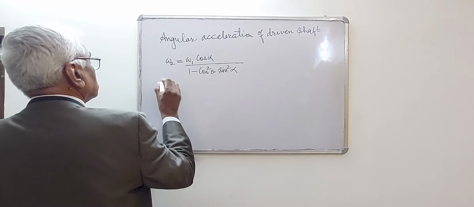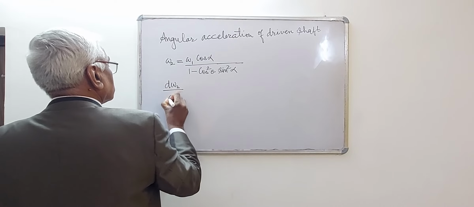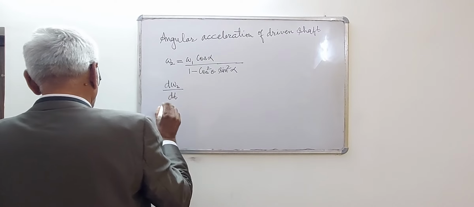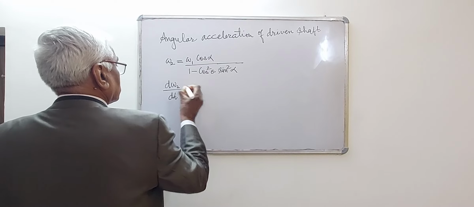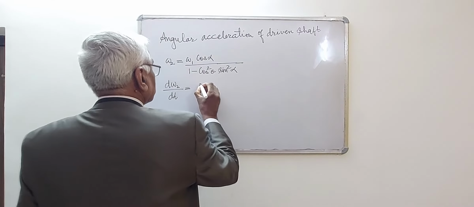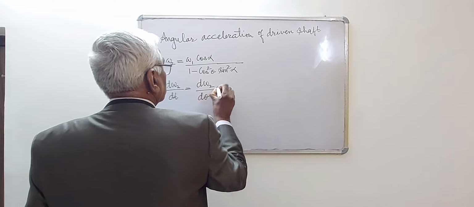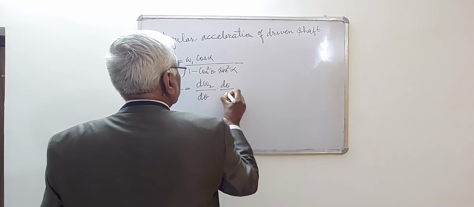Angular acceleration is given by d omega 2 by dt. That is the angular acceleration. Or it can be written as d omega 2 by d theta into d theta by dt.